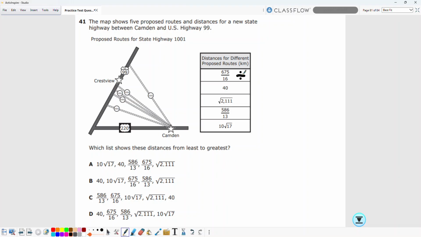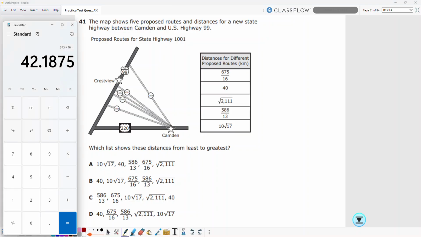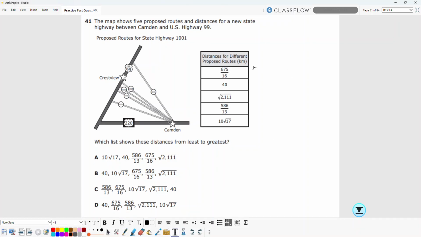That's because the division sign represents what you see here in this form. All right, just thought you should know that. So this is 42.1875.